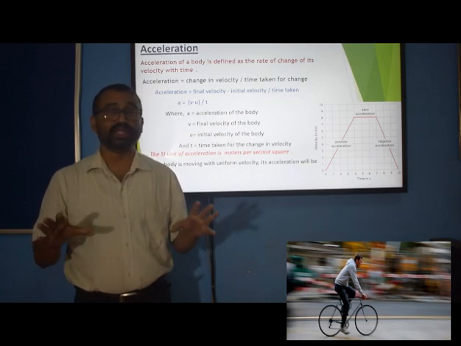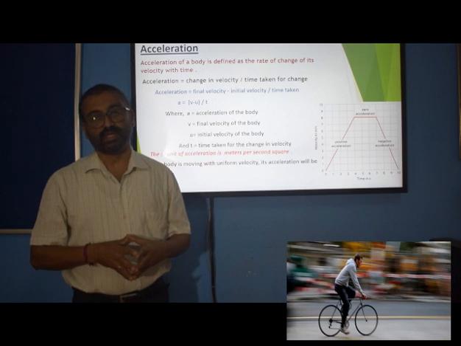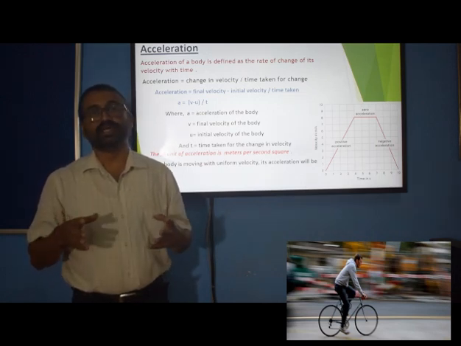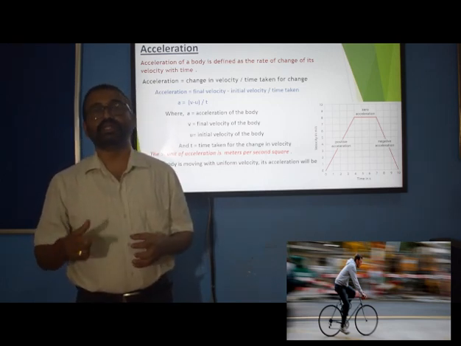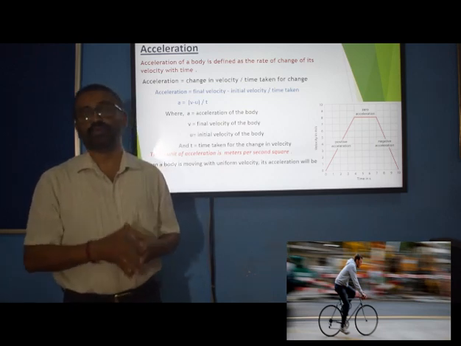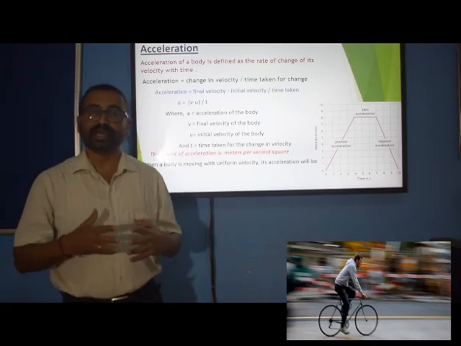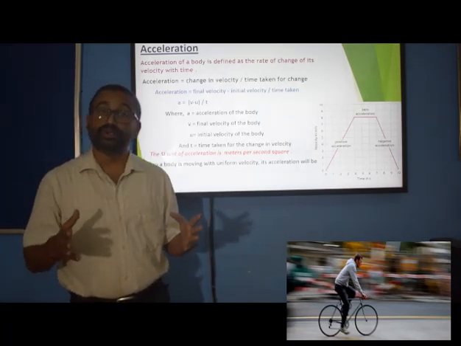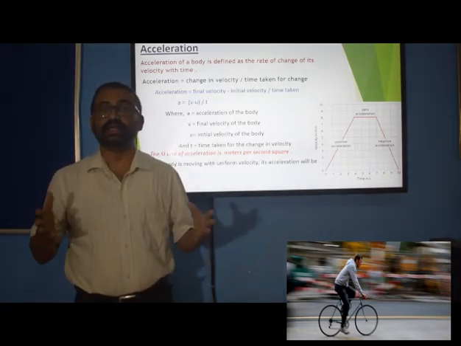A change in direction is also a change in velocity. Velocity has two things: its magnitude and its direction. So either a change in the magnitude or a change in the direction of velocity results in a change in velocity, and the body is having some acceleration. Acceleration can be of three types: positive, zero and negative.